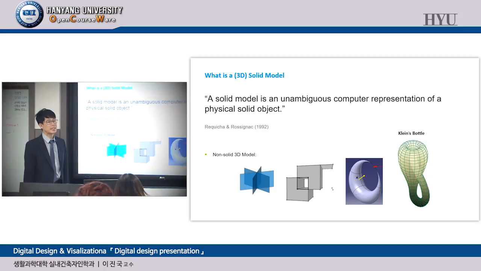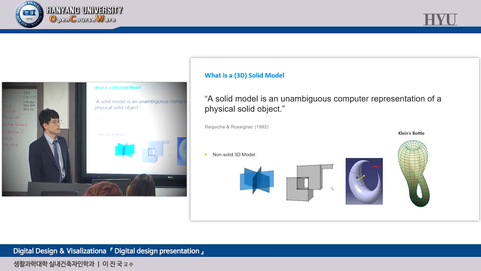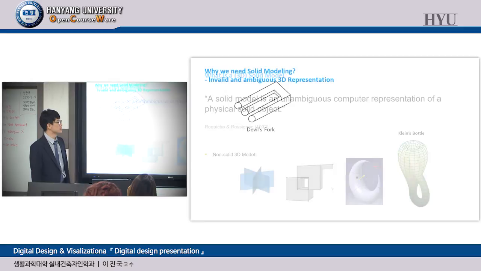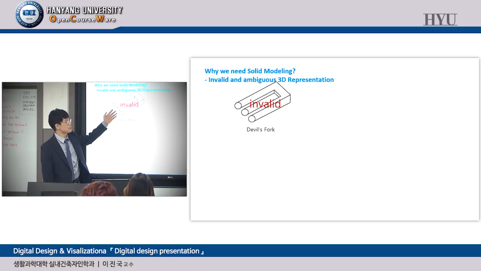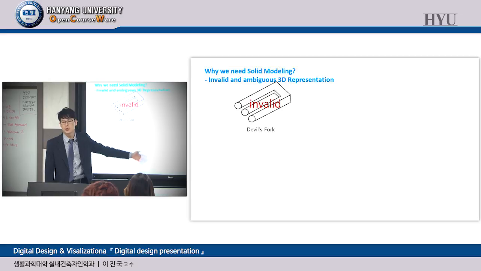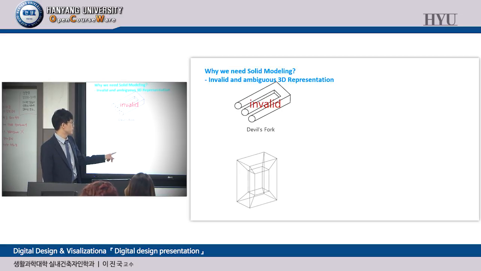So those are invalid, ill-defined 3D. How about the devil's fork? This is ill-defined, okay? It's invalid, it's a fake. This one cannot be made in solid model or in the real world. How about this one?